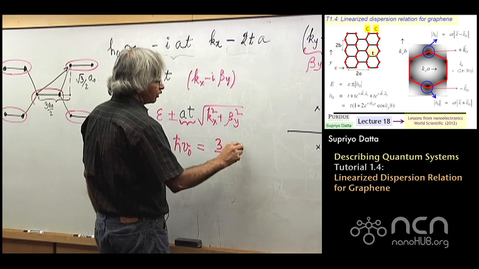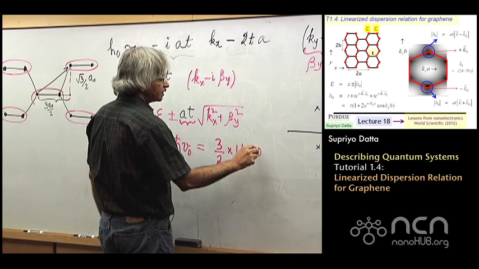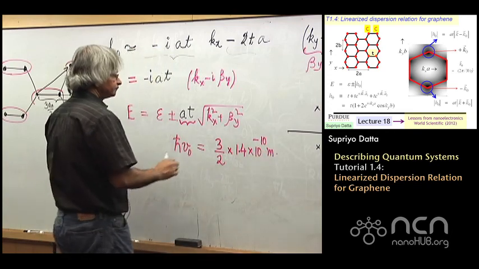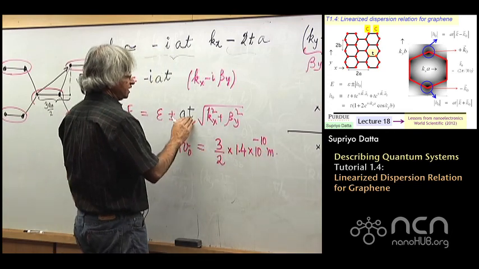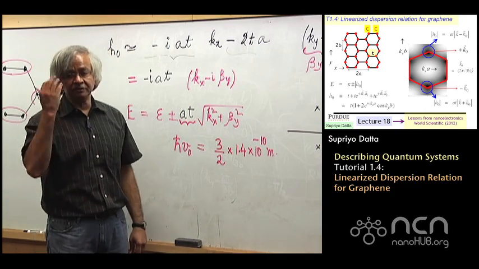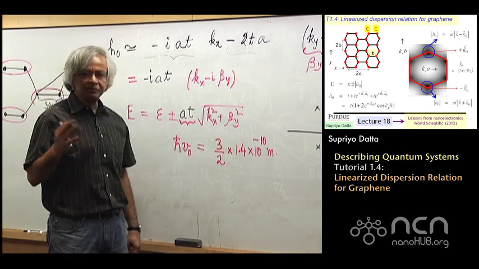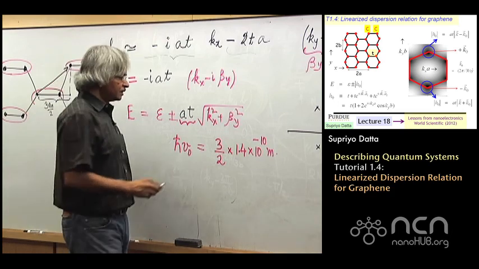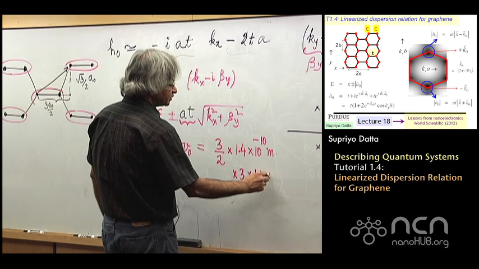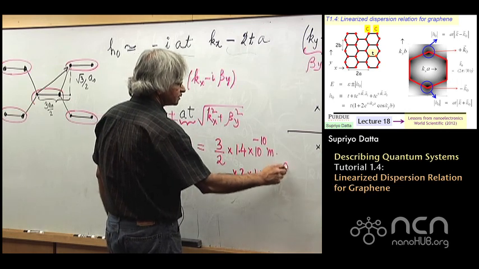A0 is 1.4 angstroms, so 1.4 times 10 to the minus 10th meters. And then there's t, which is this nearest neighbor coupling, and people generally believe for graphene it is about 3 electron volts. So you can multiply this by 3 times 1.6 times 10 to the minus 19th coulombs.